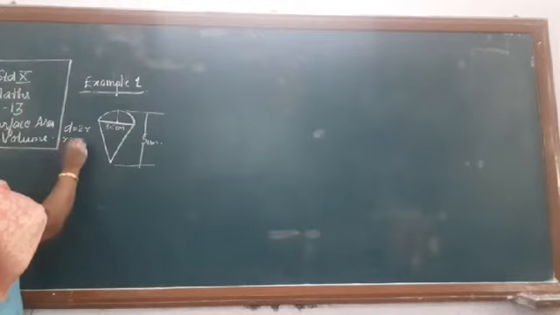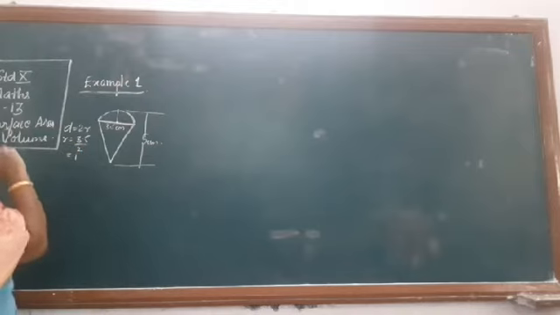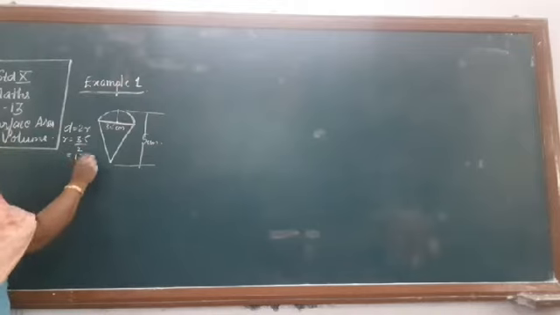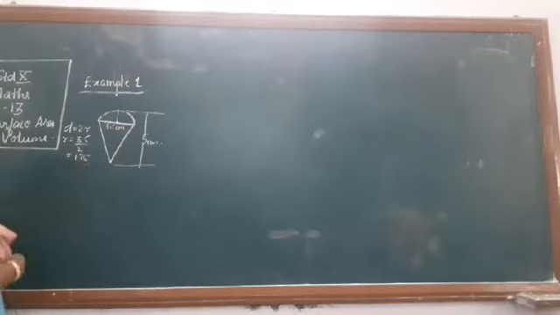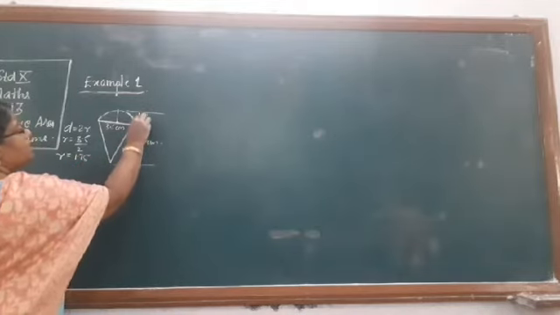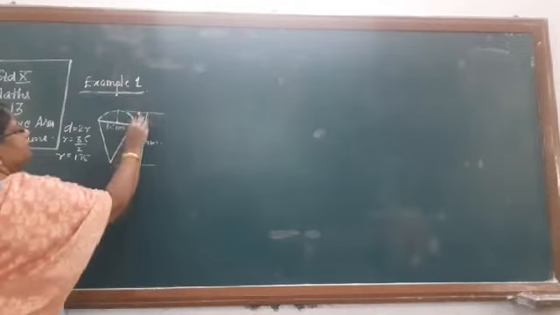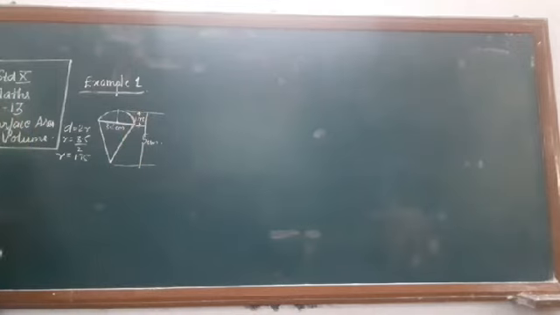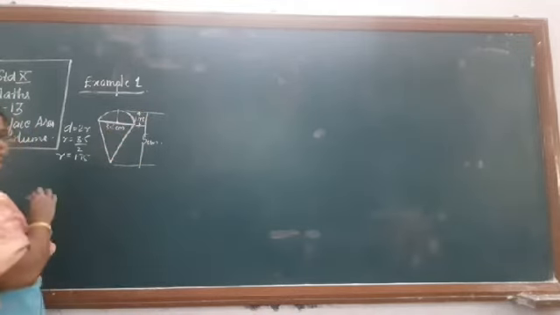So r will be equal to 3.5 divided by 2, which is equal to 3 ones are 3, 1 is remaining. So 2 sevens are 14 and 2 fives are 10. So your r is 1.75. This means this distance is 1.75. Then can we find the height of the cone?